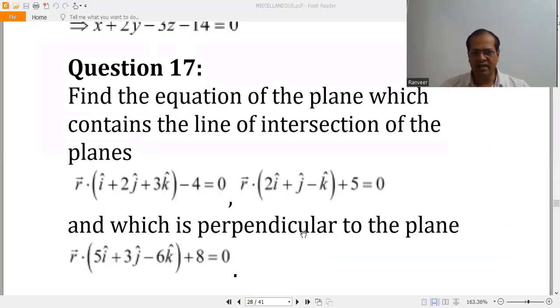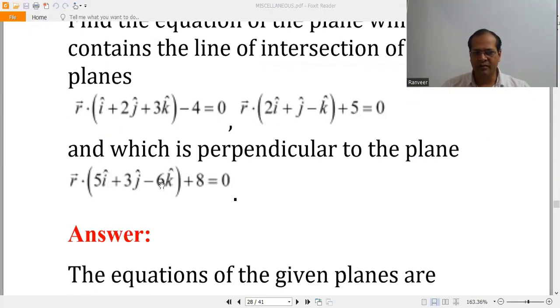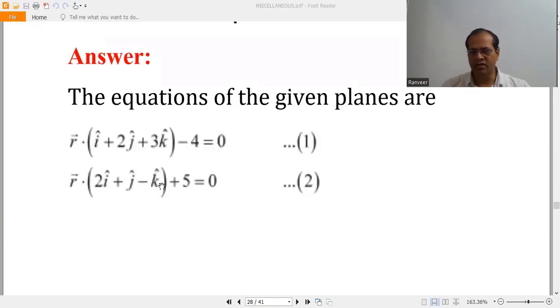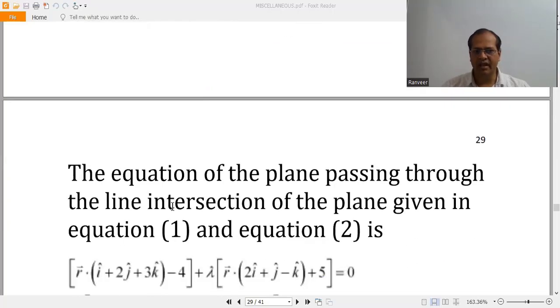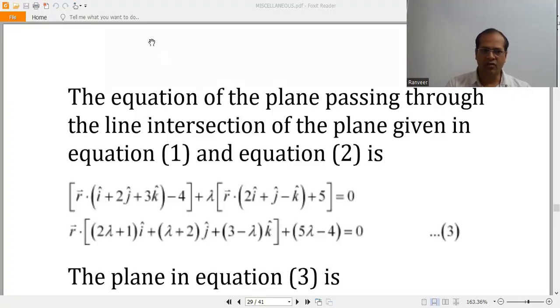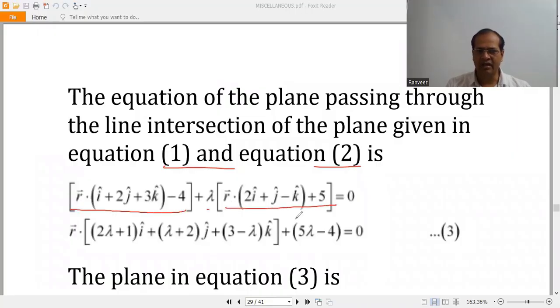Now, this is the line of intersection of the planes. First, we have to find the equation of the plane passing through the intersection of the two planes. So this is the first equation and this is the second equation. The required equation of the plane passing through the intersection of the first and second planes we can write here, with r and lambda.